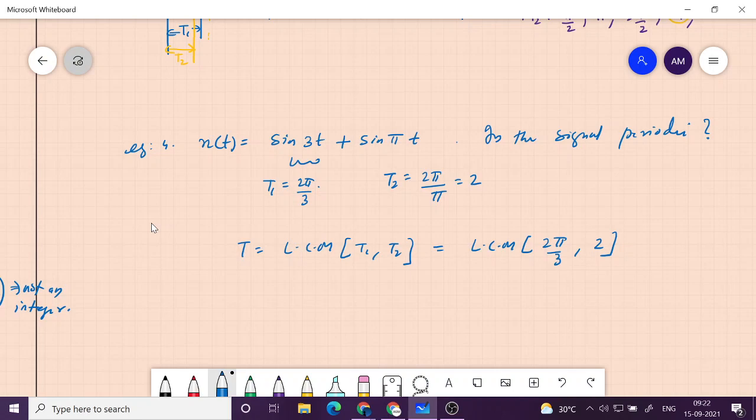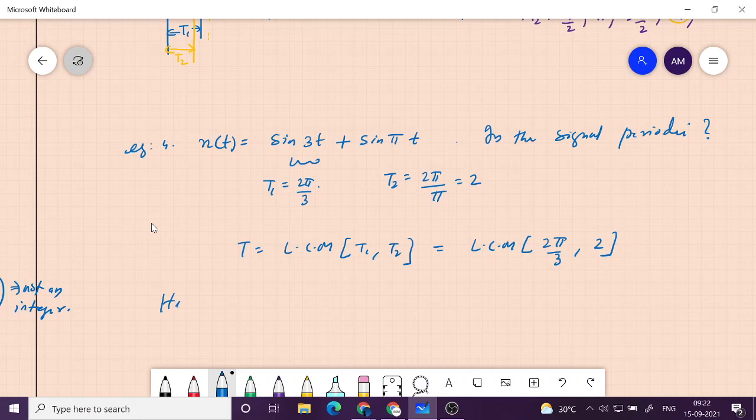you will not have any LCM, or you can say that the LCM is infinity. Why? Because 2 pi by 3 is an irrational number and 2 is a rational number, right? So you cannot have a finite LCM.